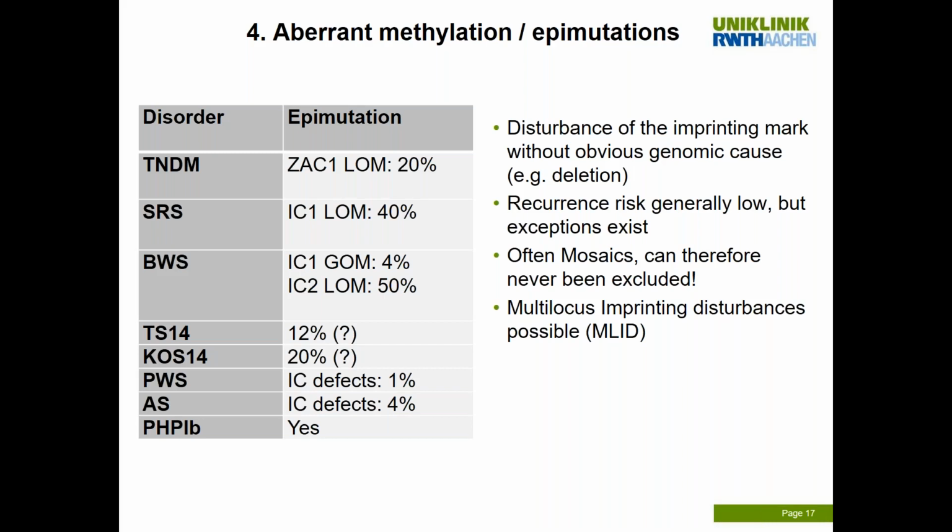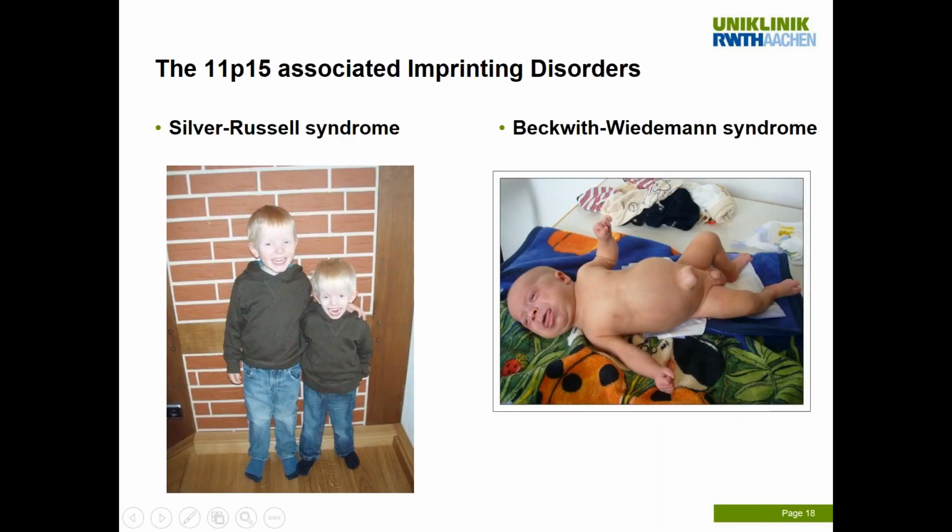Mutations in the KCNQ1 gene cause an aberrant transcript, and this indirectly causes a loss of methylation of ICR2. So, to summarize, the molecular reason for epimutations might be unknown, but there is an increase of reports which help us to understand how epimutations are caused. And therefore, we have to consider that in genetic testing and in genetic counseling.